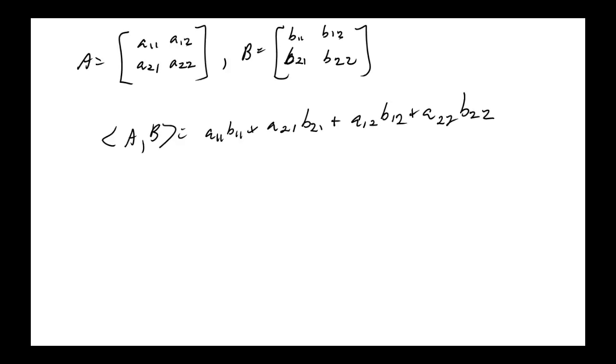You deal with the product of A with itself, that would be A A. So that would be A11 squared plus A21 squared plus A12 squared plus A22 squared. As long as those are real numbers, it's non-negative. Can't be negative. The rest of them fall into place a lot more easily.